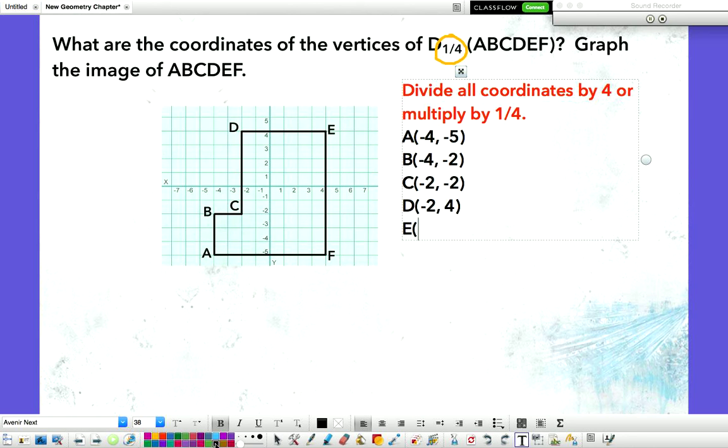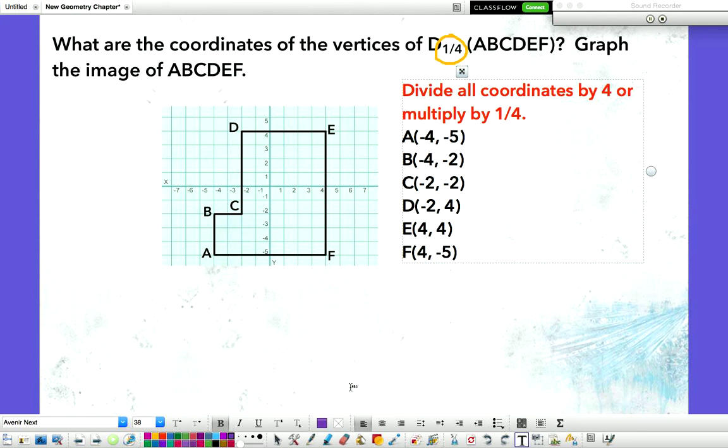E is 4, 4. And F, we have 4, -5. Okay, now I know some of these are not going to be divisible by 4. Okay, but we're just going to have to do the best that we can.